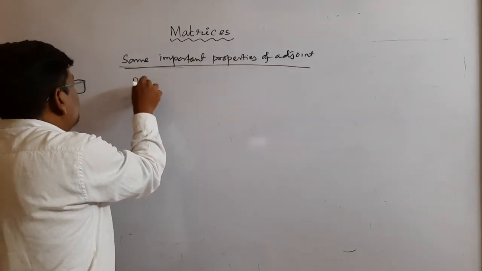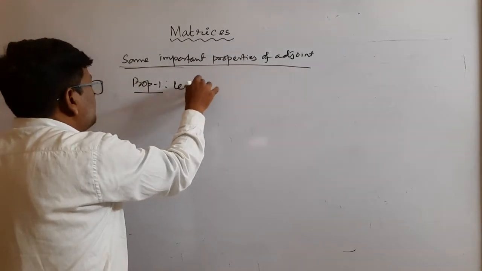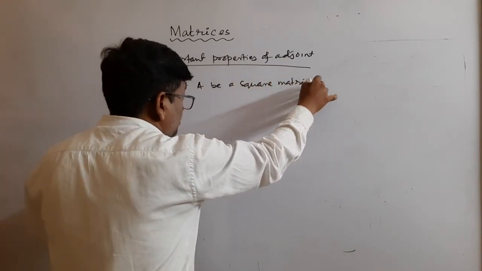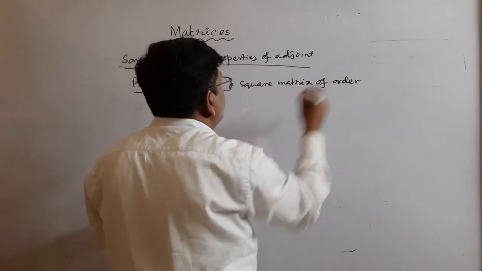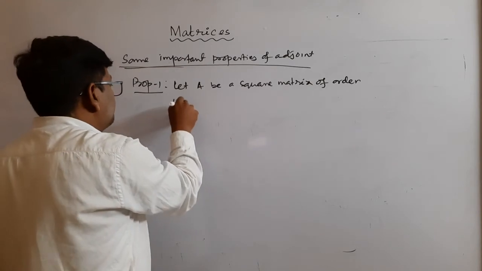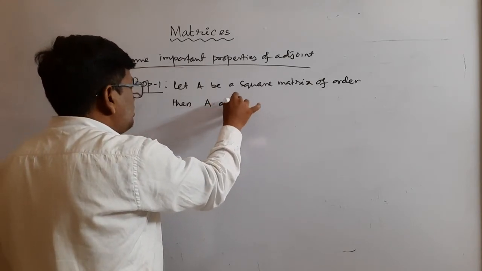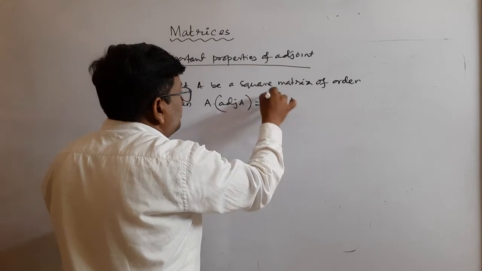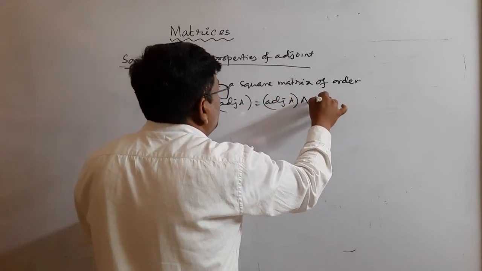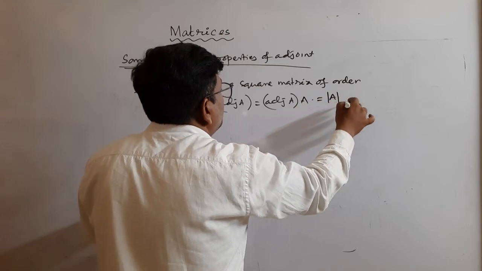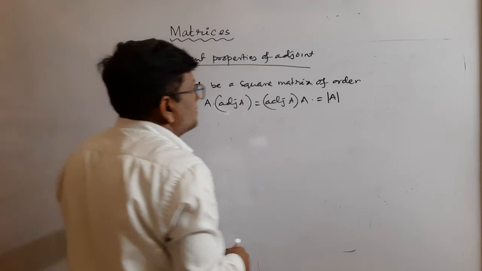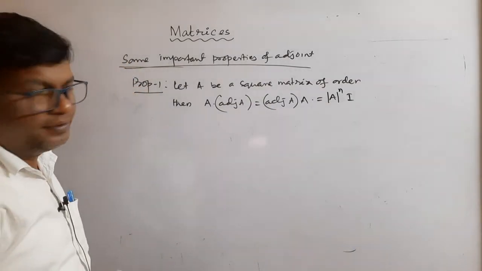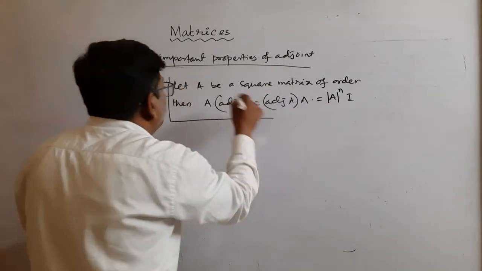Property 1: let A be a square matrix of order n, then A into adjoint A is equal to adjoint A into A, which is equal to determinant A to the power n into I. This is property number 1. Now verify.